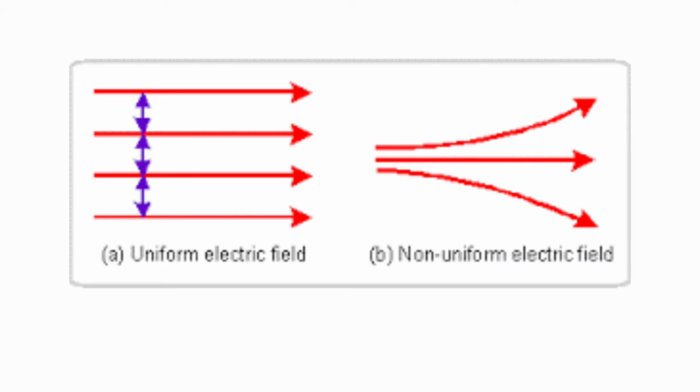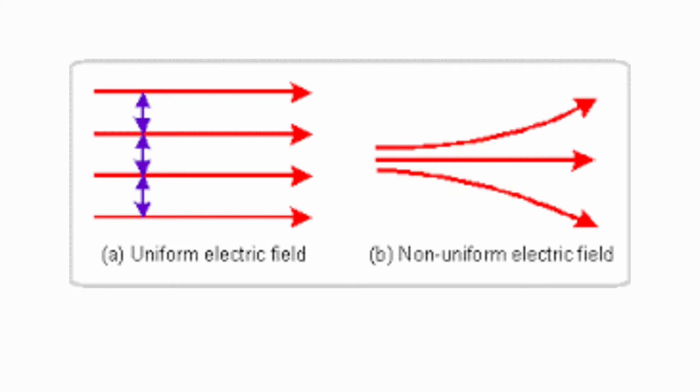The electric field is divided into two types. One is the uniform electric field, and the second is the non-uniform electric field. In a uniform electric field, at every point the force acts with the same intensity. But in a non-uniform electric field, the force varies from place to place.